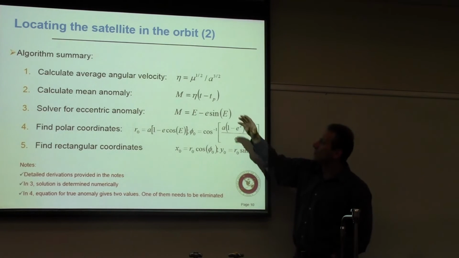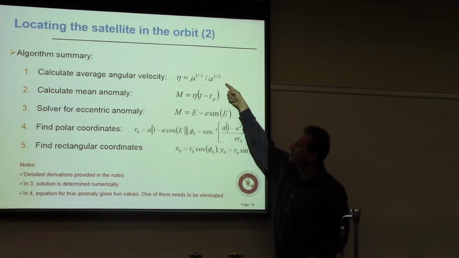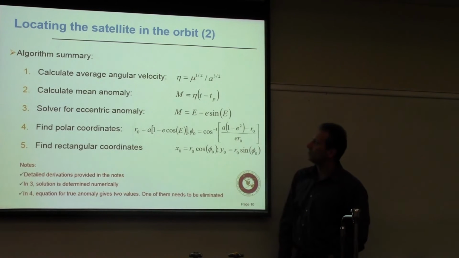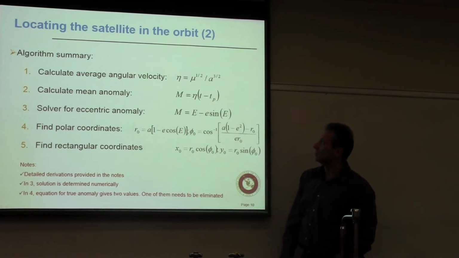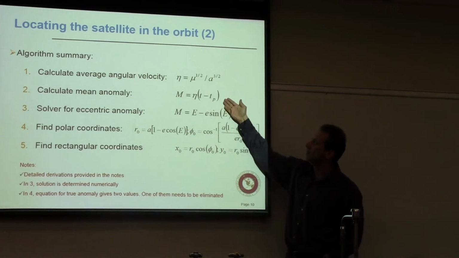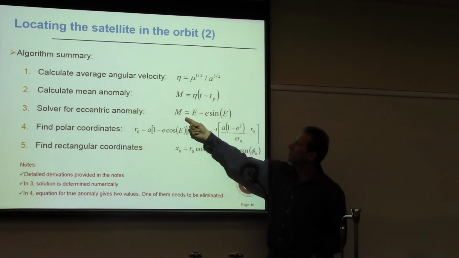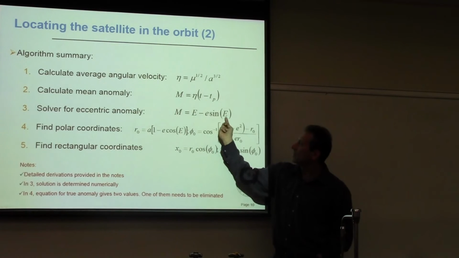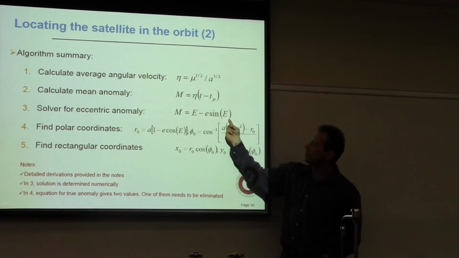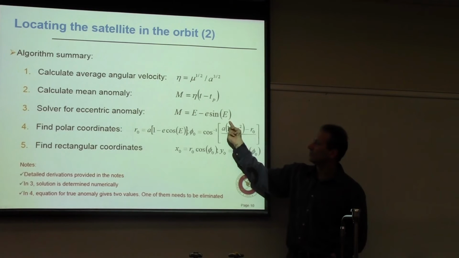So to calculate the position of the satellite, first I calculate average angular velocity. Then, based on the time for which I want to do the calculations, I can calculate mean anomaly using this equation here. Once I know mean anomaly and eccentricity of my satellite orbit, I can calculate eccentric anomaly by solving for E from this equation.